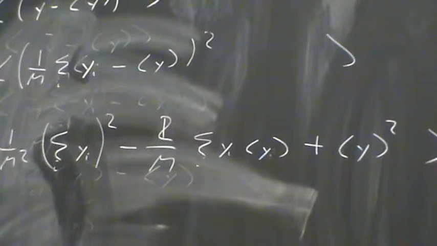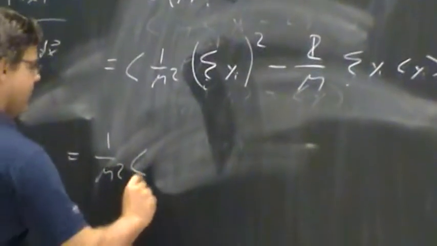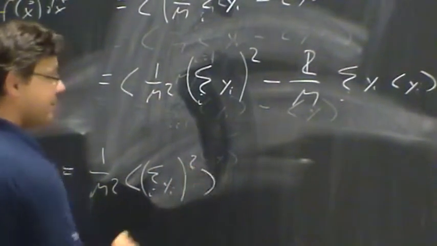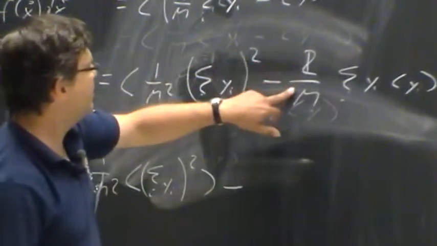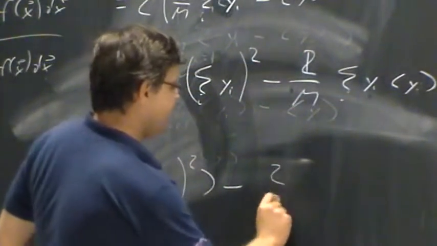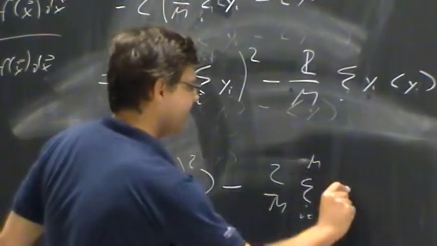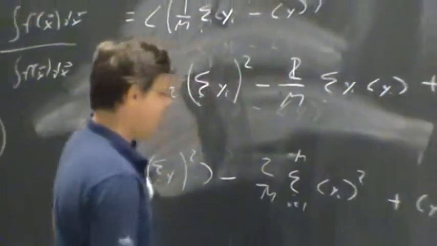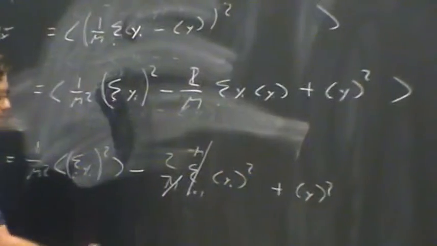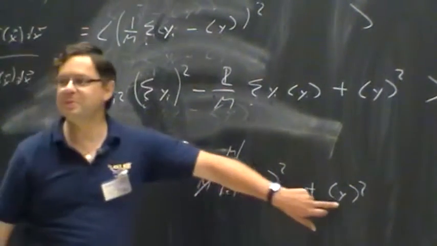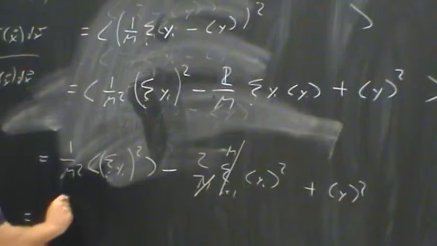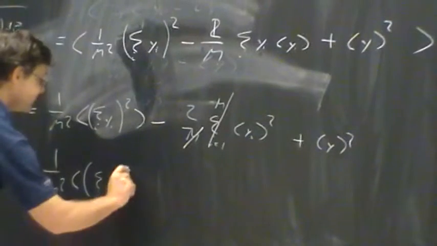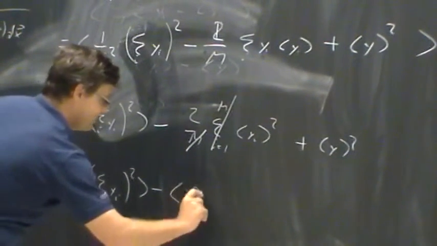This gives me 1 over m squared, expectation value of sum over i of yi squared, minus 2 over m, sum over i equals 1 to m, expectation value of yi squared, plus expectation value of y squared. The sum drops out against the 1 over m. Minus 2 plus 1 is minus 1. So I get here 1 over m squared, expectation value of sum over i of yi squared minus expectation value of y squared.